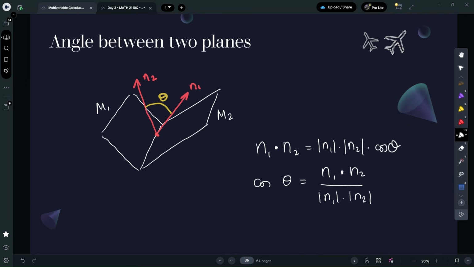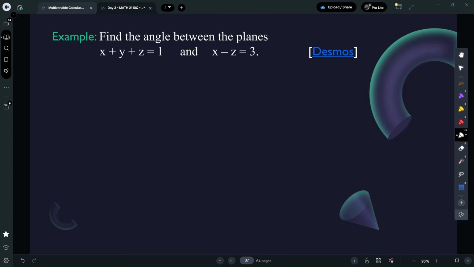So let's see an example. Let's find the angle between the planes x plus y plus z equals 1 and x minus z equals 3. Remember that to do that, I'm going to find the normal vectors. The normal vectors are given by the coefficients of x, y, and z. The normal vector here is 1, 0, minus 1.